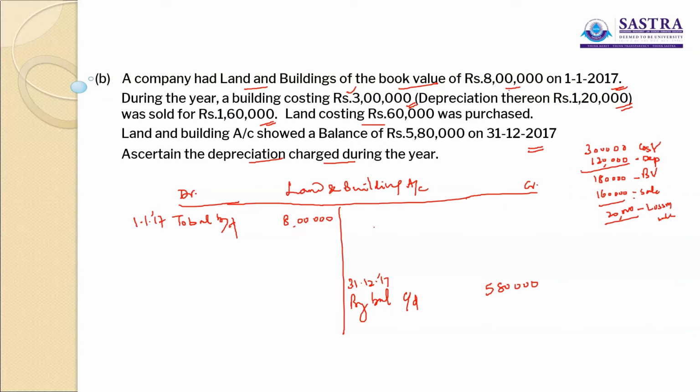So that should be given effect in the land and building account. So by bank account, that is cash received from sale of building, is 1,60,000. Then by P&L account, it is loss on sale of building, it is 20,000.